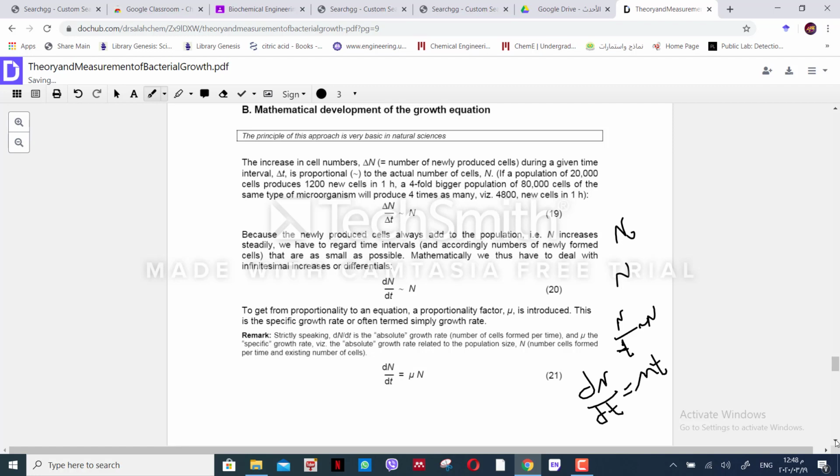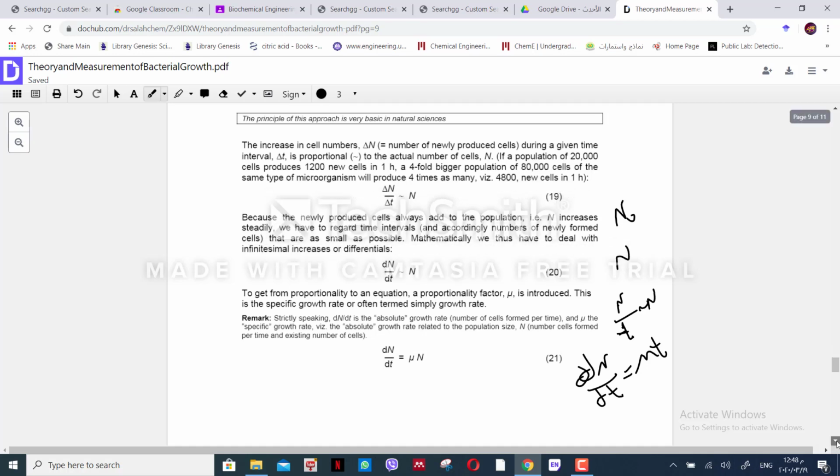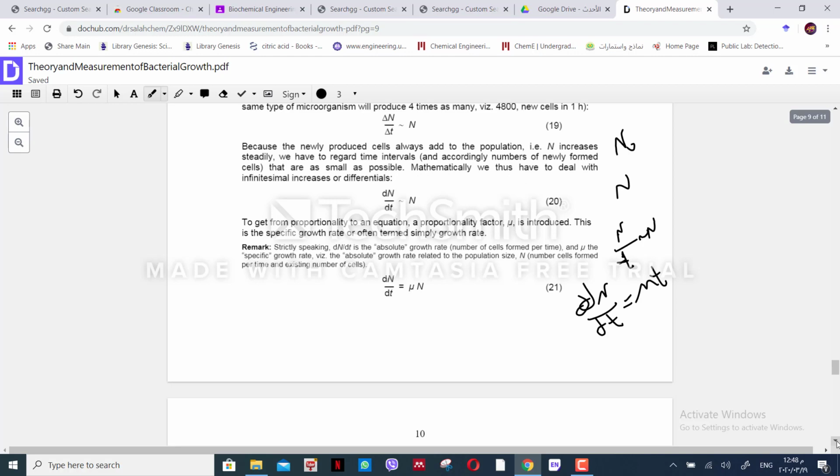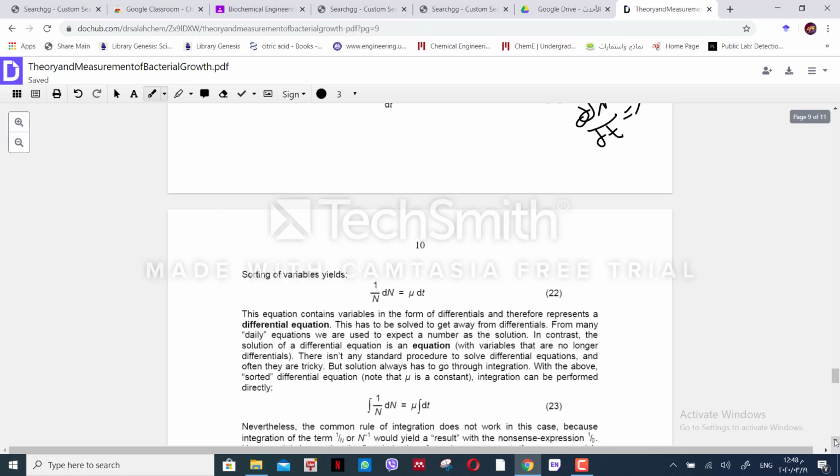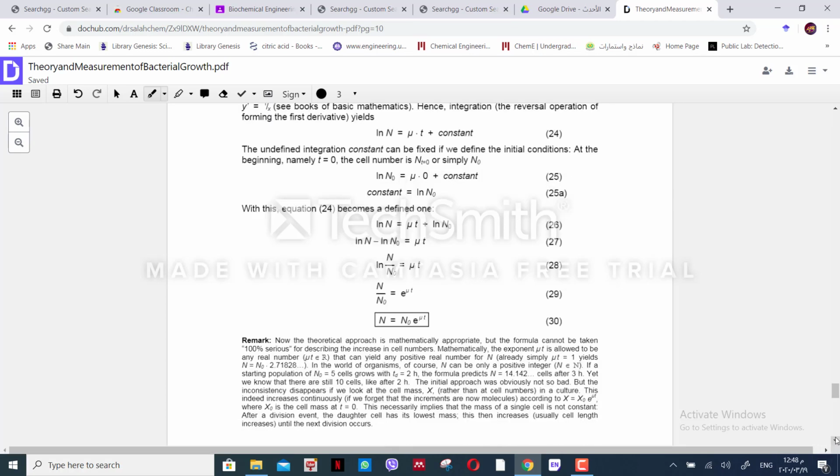And by separation of variables and mathematical integration, we get 1 over n dn equal to mu dt. Just integration, this will give us ln n equal to mu t plus constant.